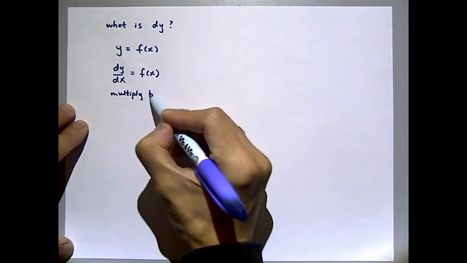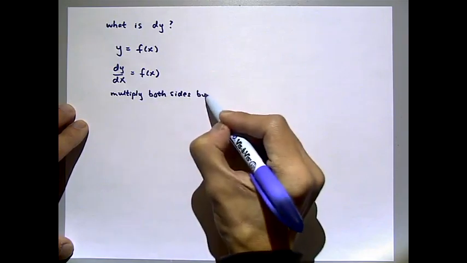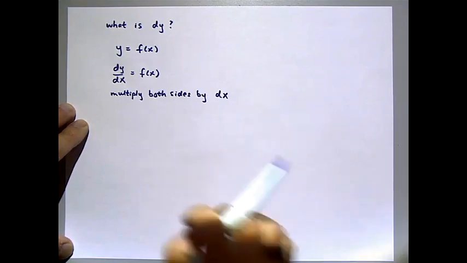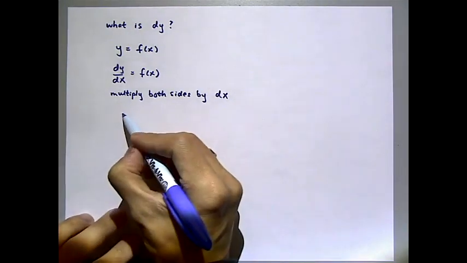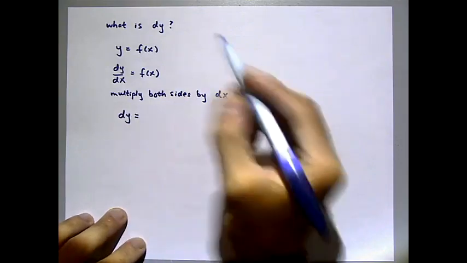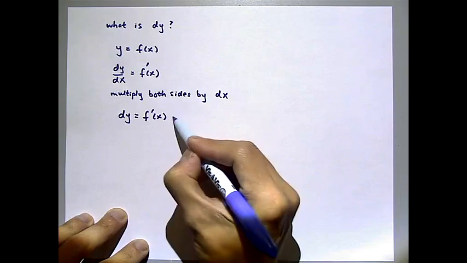So we're going to multiply both sides by dx. And what we end up getting is this funny looking thing, dy equals f prime of x times dx.